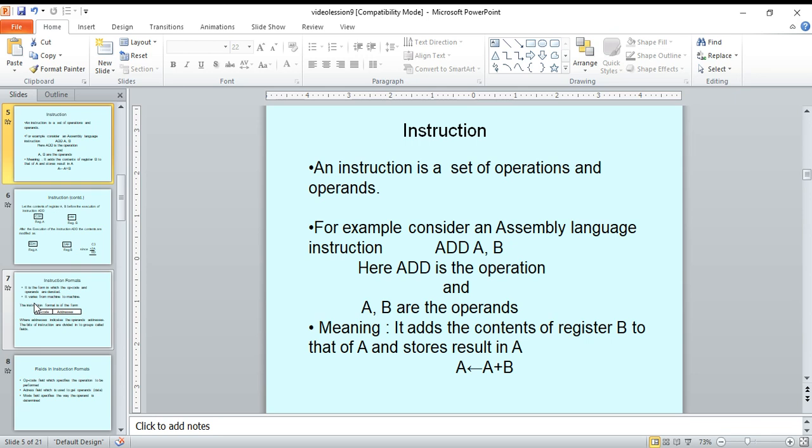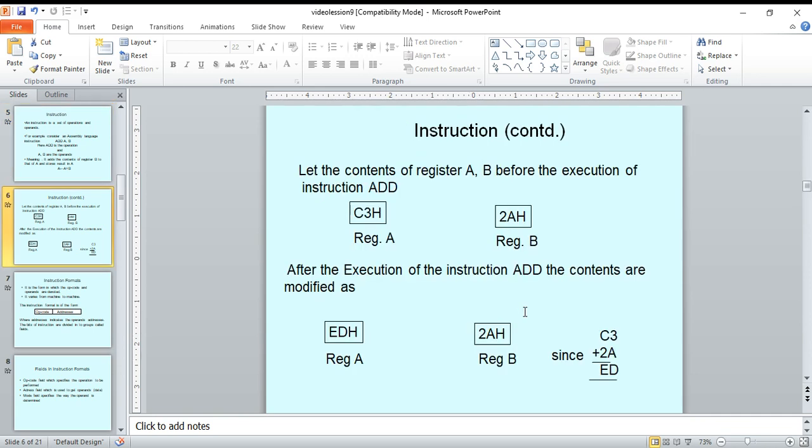Meaning that it adds the contents of register B to the contents of register A, and finally once the operation is over, the result is placed in register A. So we are adding the contents of B to A, and after the addition operation we place the result in register A. This is the instruction.